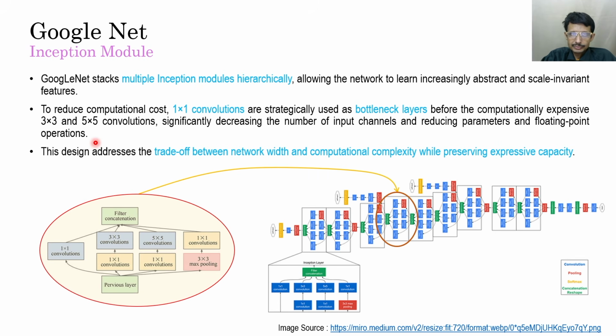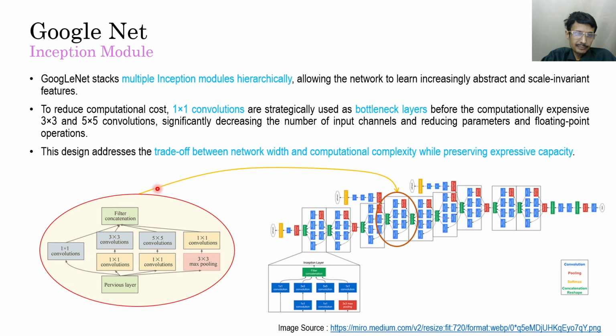This design addresses the trade-off between network width and computational complexity while preserving the representational capacity of the network. So the key innovation of GoogleNet is this inception module, where we can concatenate multiple scale features without much computational cost using the bottleneck layer.